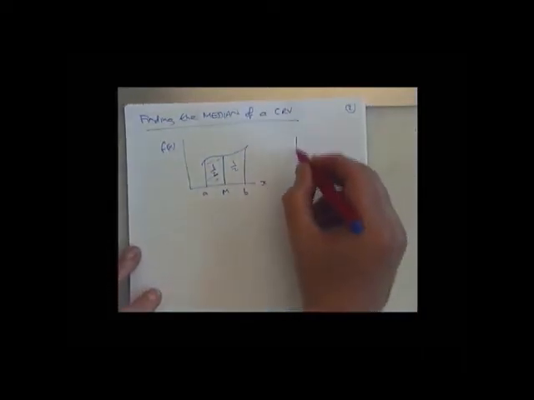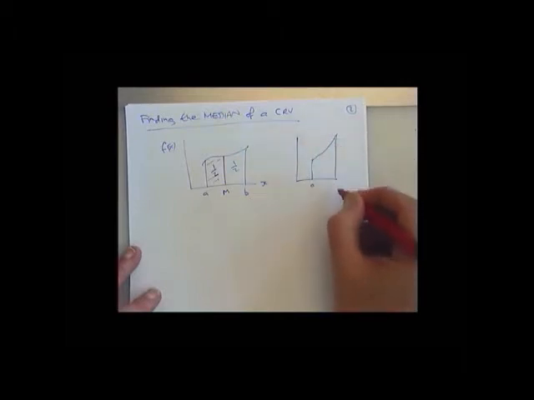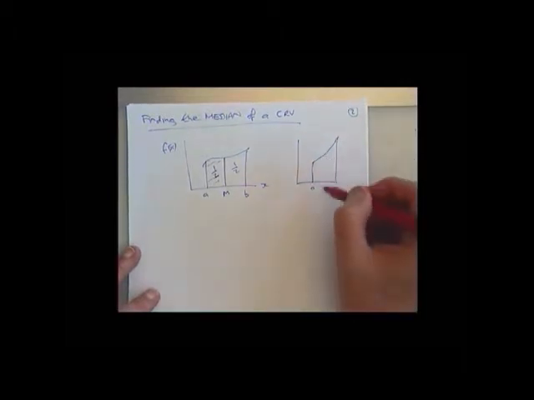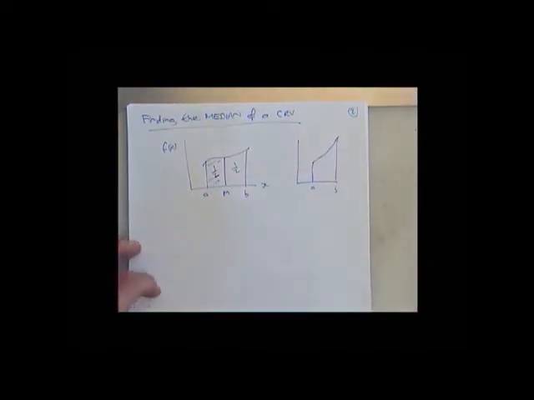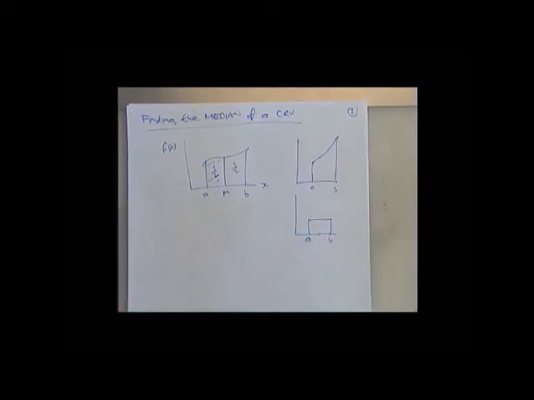Now, if your distribution was particularly skewed, say it went from between A and B there, it definitely wouldn't be the midpoint of A and B because you'd have more area on the right of it than on the left. If your distribution looked like that, then yes, it would be bang in the middle of A and B because it's equally distributed everywhere.